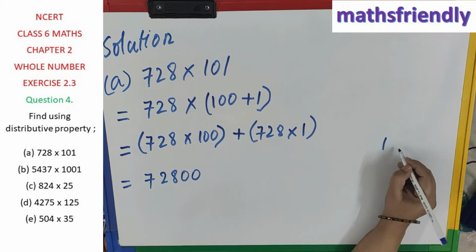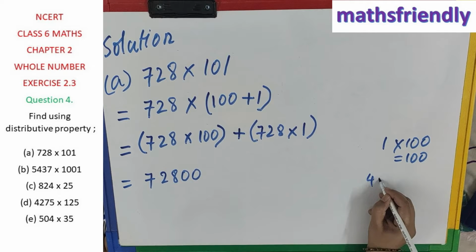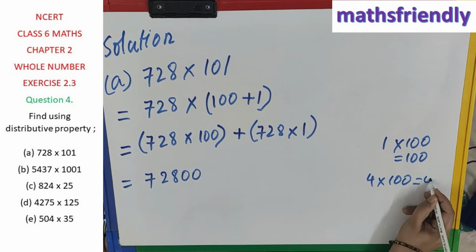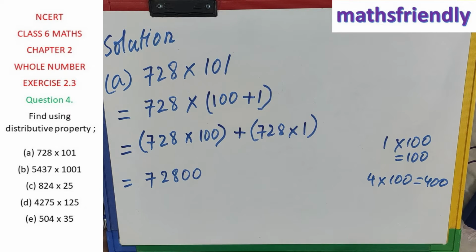Because 1 multiplied to 100 gives 100, and 4 multiplied by 100 gives 400. So this number multiplied by 100 gives this number and 2 zeros. Like here, 4 into 2 gives 4 and 2 zeros.